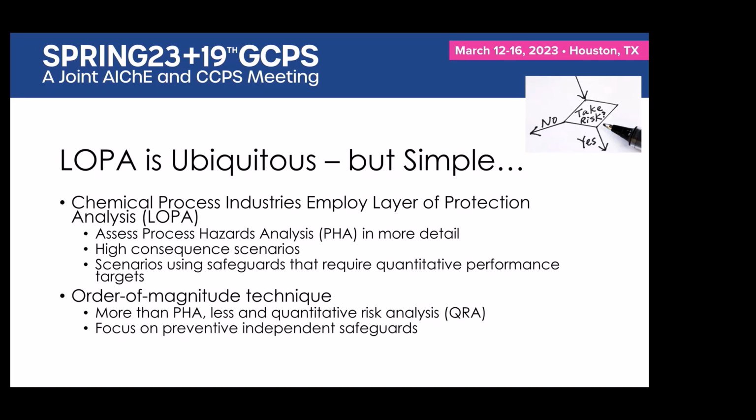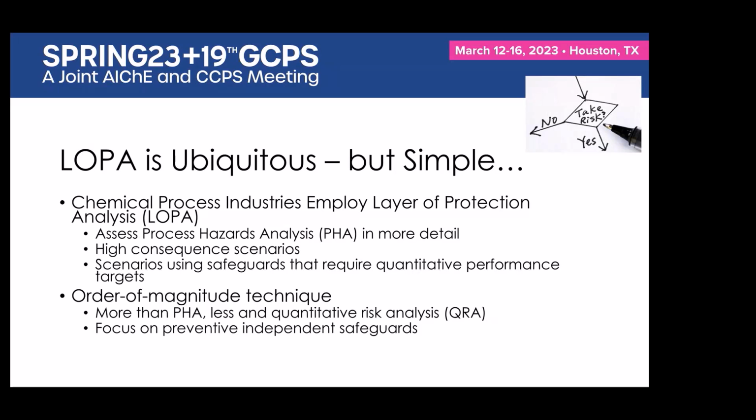So in the chemical process industries, there are a lot of policies and procedures that are employed by companies to take the starting point of a HAZOP scenario and bring it into LOPA when more detail is required. So when is more detail required?